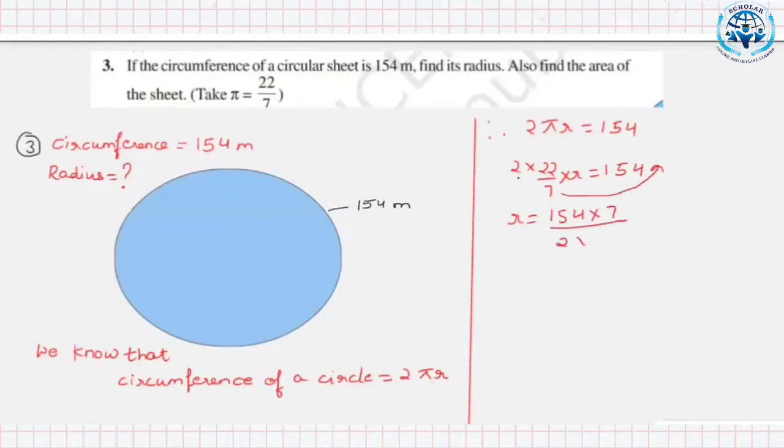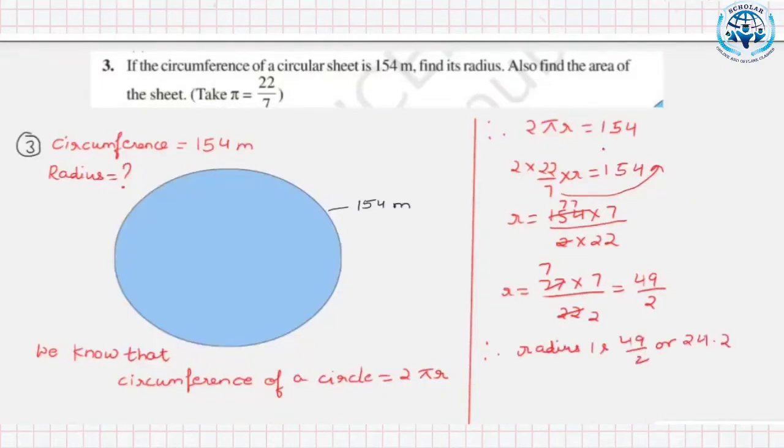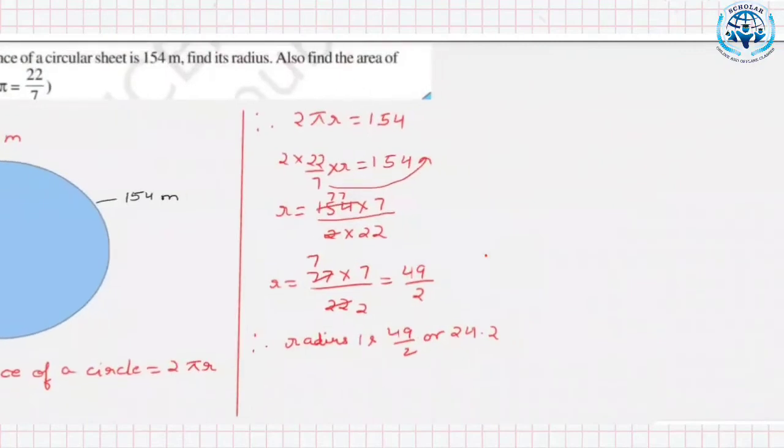Pi will be taken as 22 by 7. So 2 will be divided and we will get 77 into 7 upon 22. 11 twos are 22, 11 sevens are 77, 7 sevens are 49, 49 by 2. Radius is 49 by 2 or 24.5. We will divide 49 by 2 and we will get 24.5.